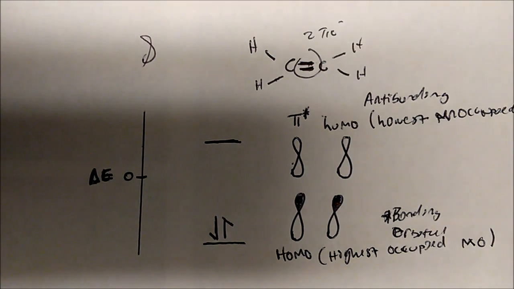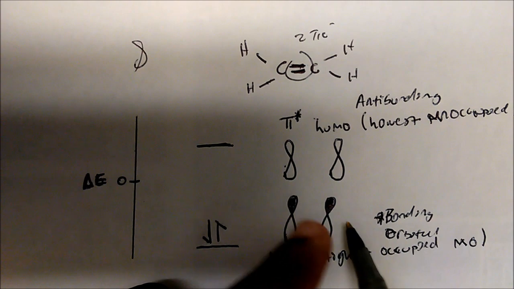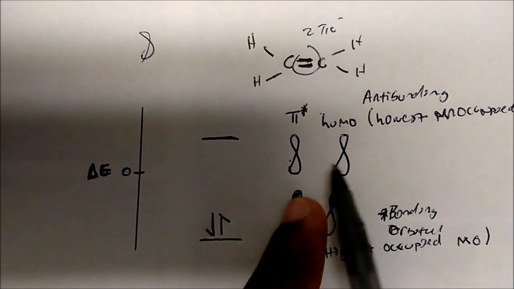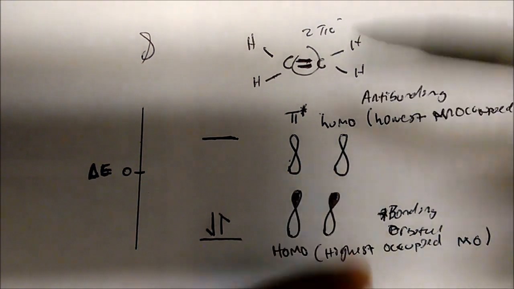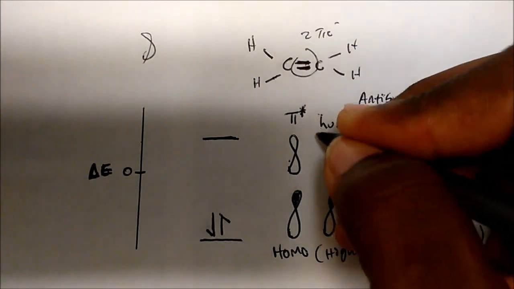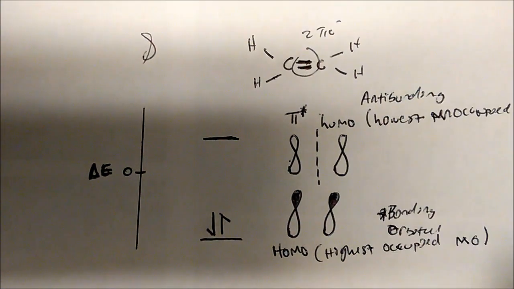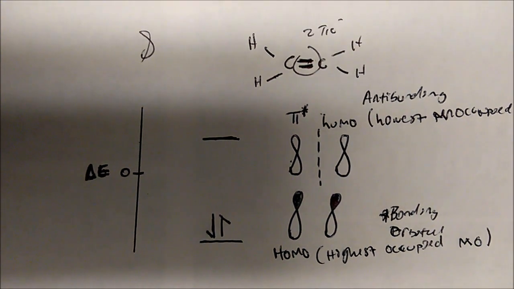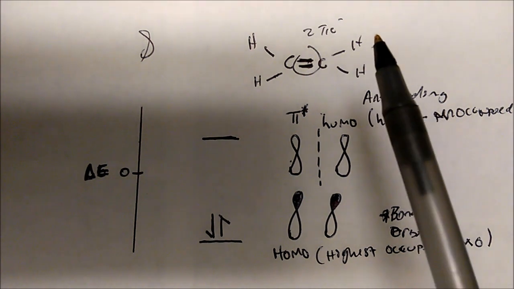There's no bonding here, so how do we show that? Well, the higher you increase in energy, your nodes increase. A node is typically represented as this dash here. Now, we got to show that these electrons are anti-bonding. So how do we show that?